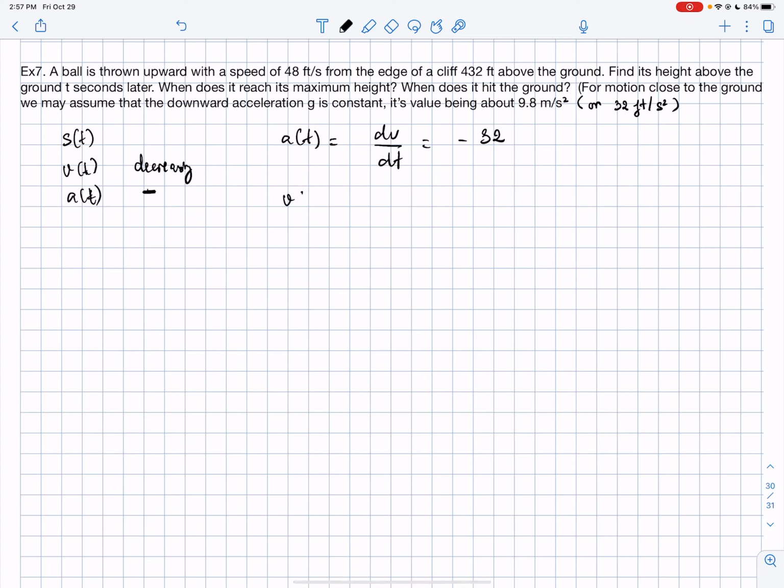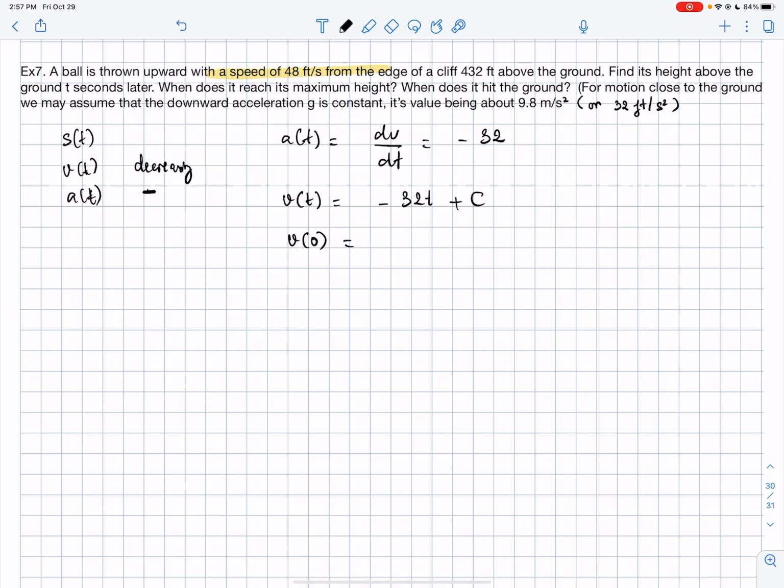Now we take the antiderivative to find v of t, which is negative 32t plus c. We need to find the constant c, and we will use the initial information.